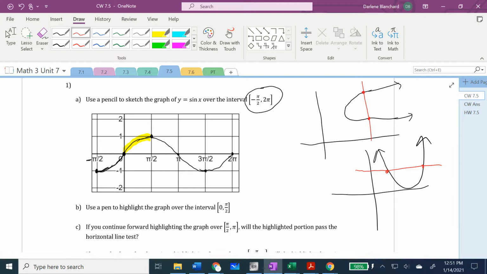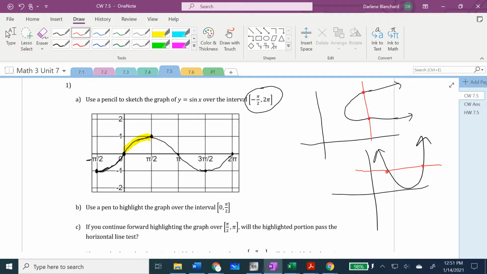In order to work with inverses, we need to be able to work with functions that are one-to-one. Functions that pass the vertical and the horizontal line test, because then every single xy coordinate, when you swap them to create a yx coordinate, you aren't running into the question of duplicates.